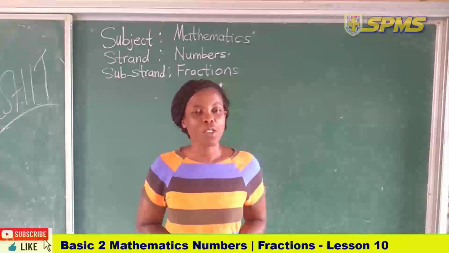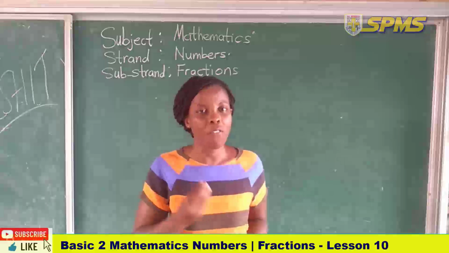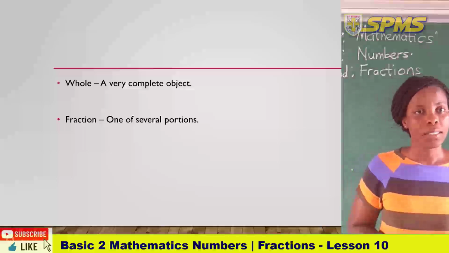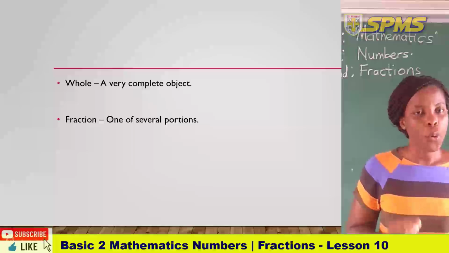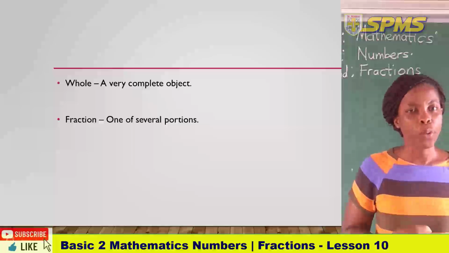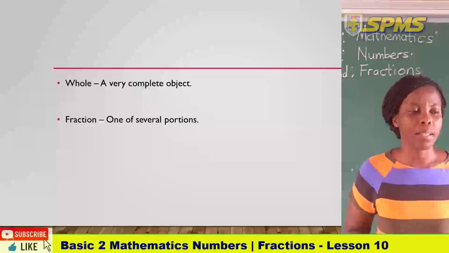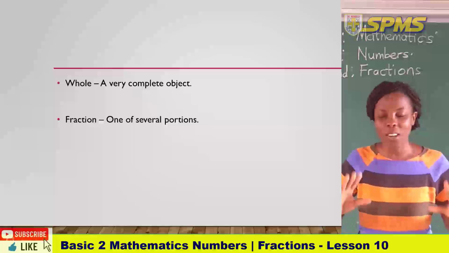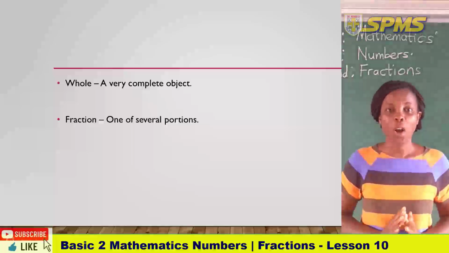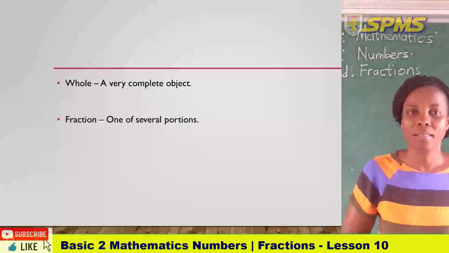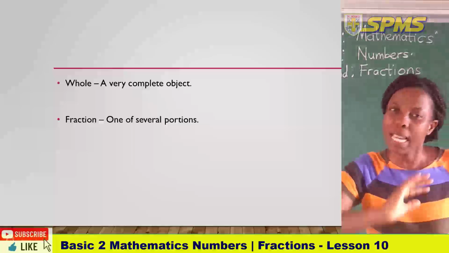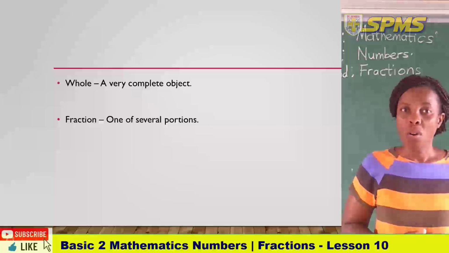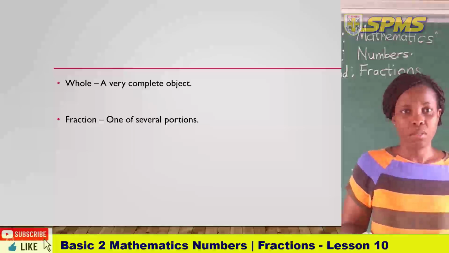We are going to make use of certain words very often. Our first word is whole. W-H-O-L-E, whole. What does it mean? It means a very complete object. An object which is complete, which nothing has been taken out of, or there is no breakage on that object.